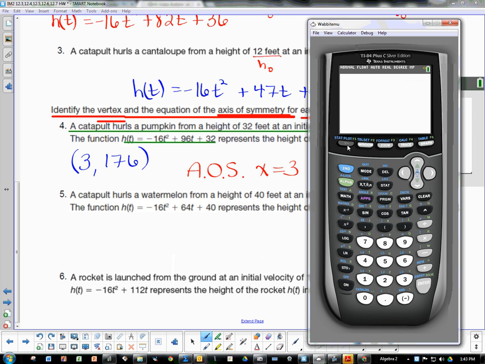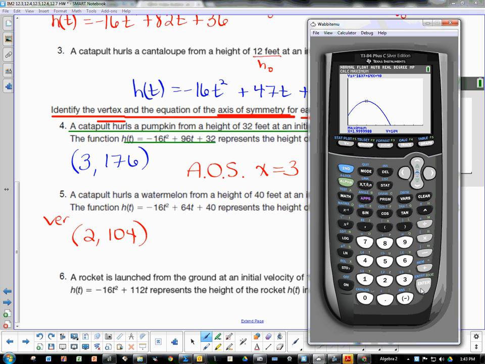Okay, here's my equation. Here's my graph. I need to find the vertex, so this is going to be a maximum, number 4. Here's our left bound. Here's our right bound, and it looks like it is going to be 2, comma 104.